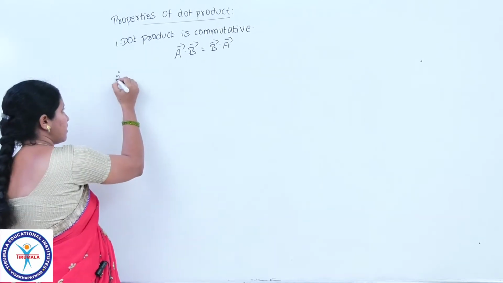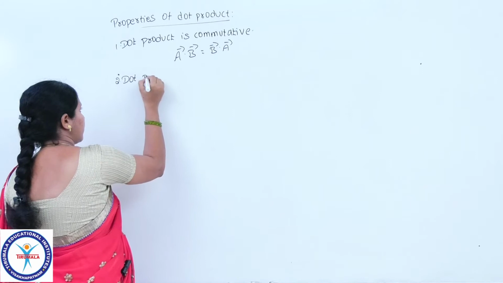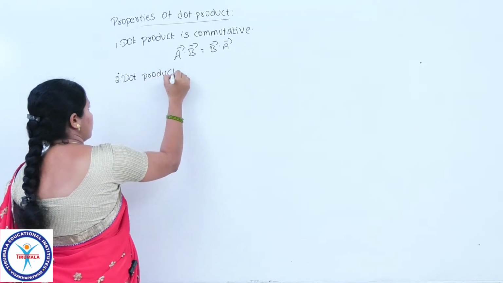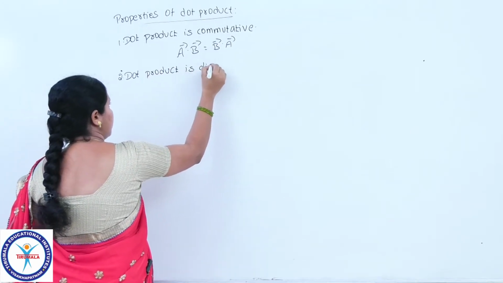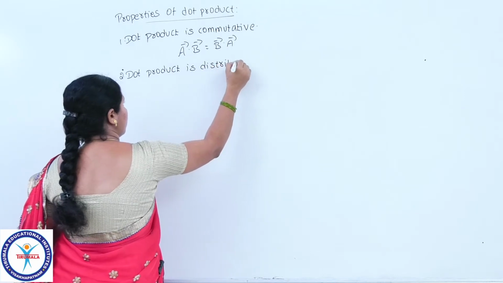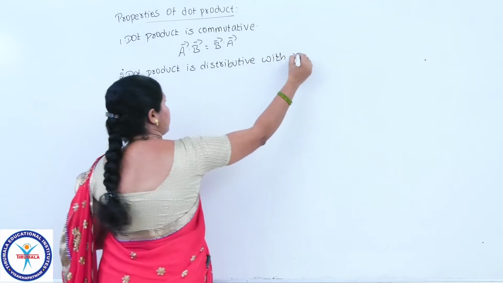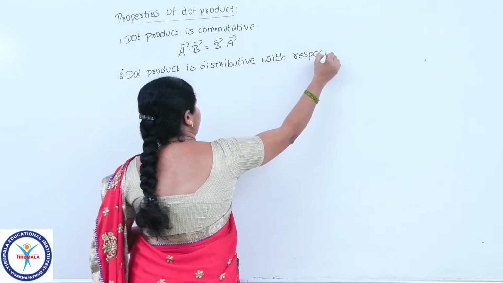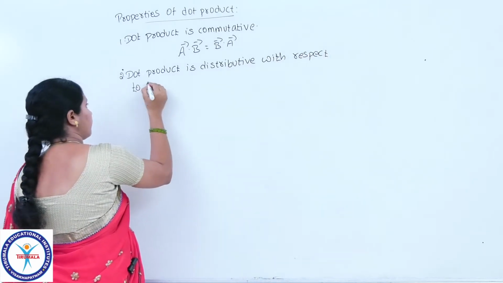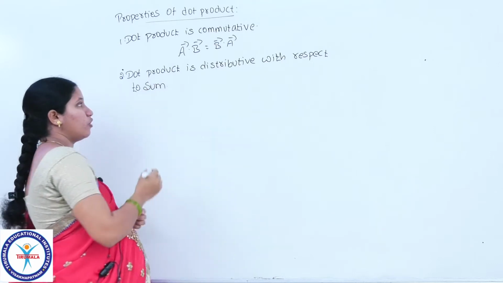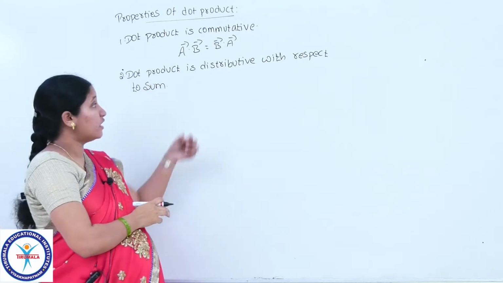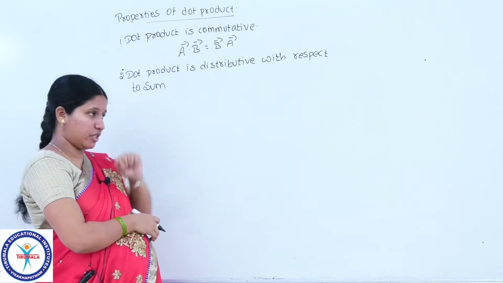And the next one is dot product is distributive with respect to sum. So dot product also obeys distributive law with respect to sum.